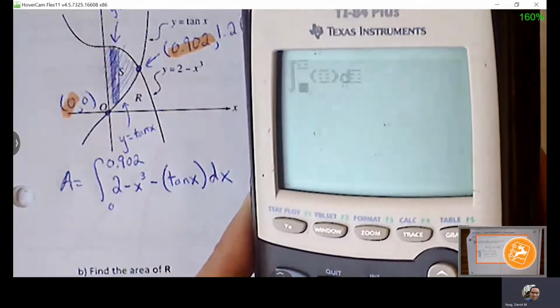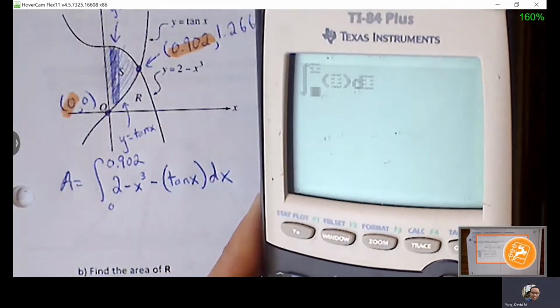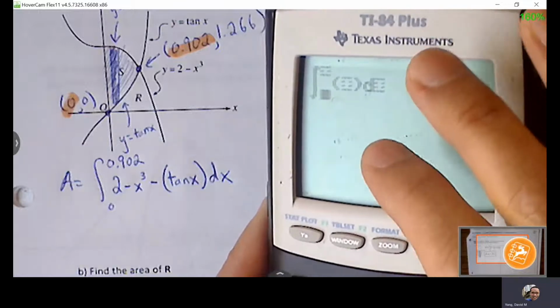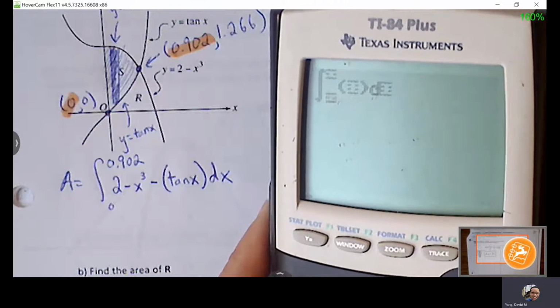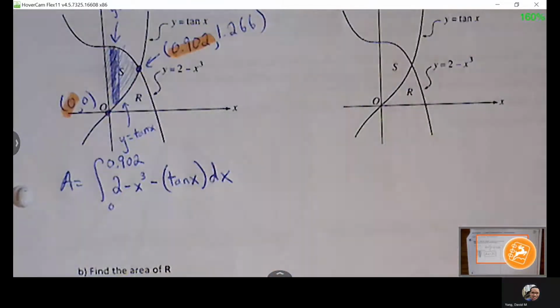Math 9 for TI-84, and then second E for your 36 Pro. Okay, you should get 1.161.